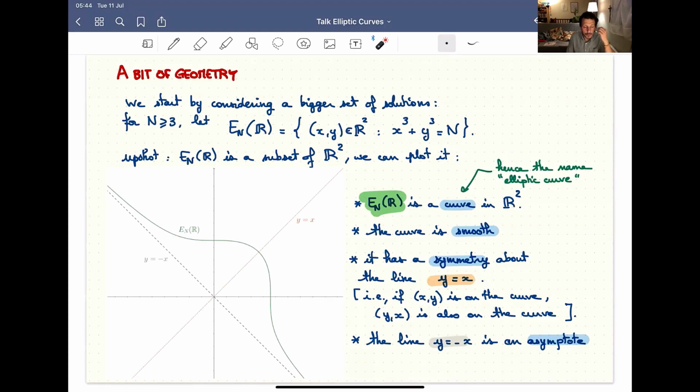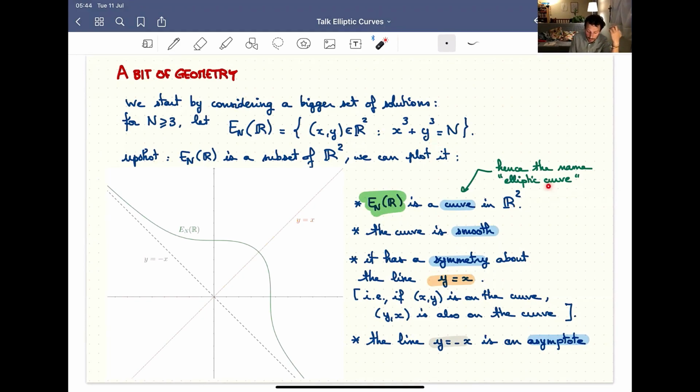So we can make a few remarks on this picture. First of all, as I've mentioned, E_n(R) is a curve in R^2, so in the geometric plane. And the name curve here justifies part of the name of the equation. I mentioned that this equation x cubed plus y cubed equals n is called an elliptic curve.